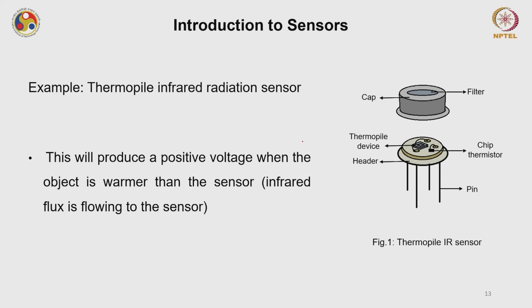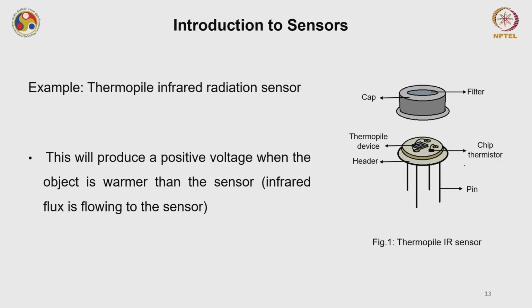But for the time being, understand that a thermopile infrared radiation sensor is a sensor which can measure the temperature of something. This is a typical thermopile IR sensor. You know that infrared radiation carries heat.